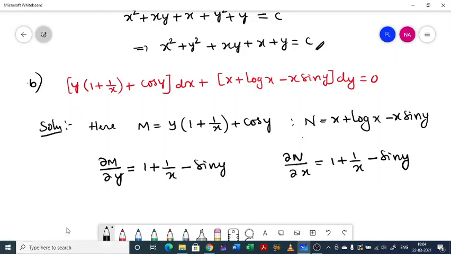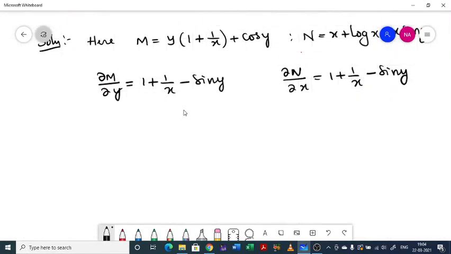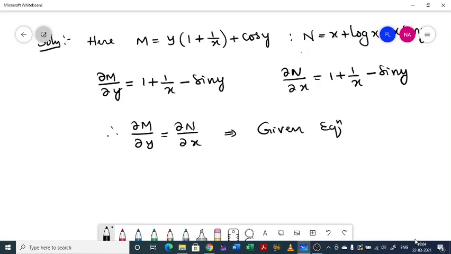So we got ∂M/∂y = ∂N/∂x. So from this, what is our conclusion? The given equation is exact. So the equation is exact, so that you can write the solution directly.